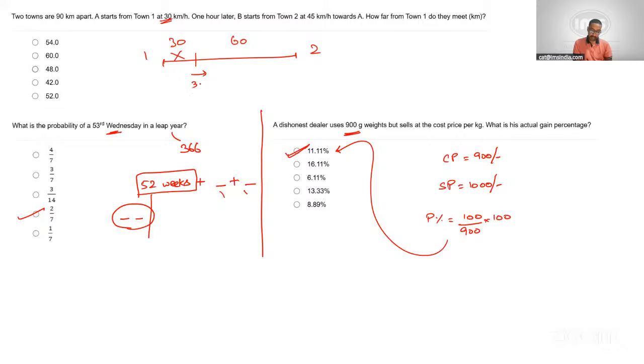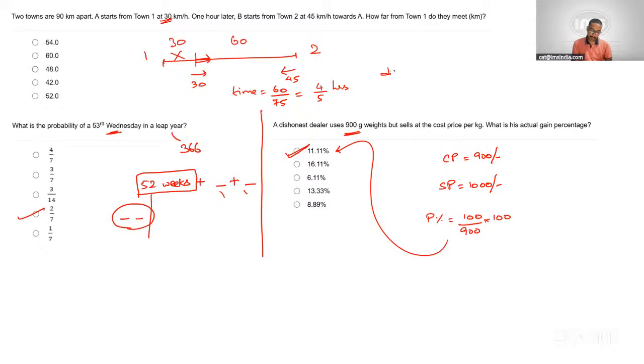Now one guy goes at 30, the other guy goes at 45. So the time they take will be 60 divided by relative speed 75, which is 4 by 5 hours. I'll just keep it as 4 by 5 hours. So in another 4 by 5 hours, how much will A cover?